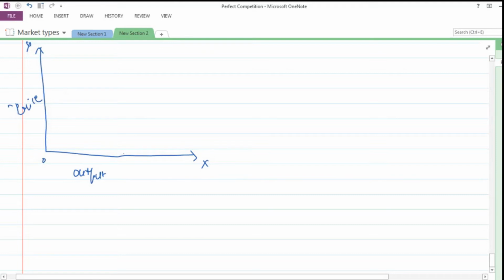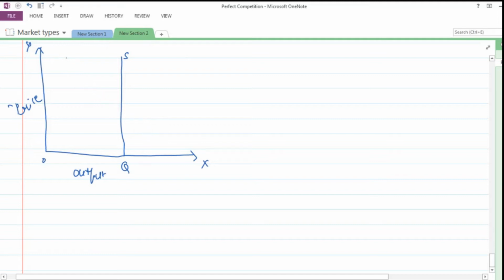Then for example, if the supply curve is a straight vertical line perpendicular to the x-axis, then OQ amount of quantity would be supplied in that particular industry. Now let's assume a scenario that the demand curve intersects the supply curve at this point.